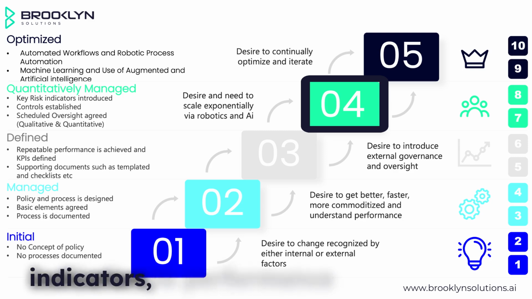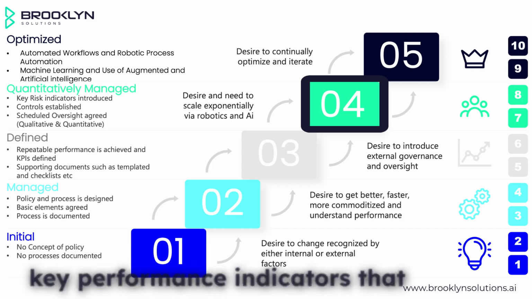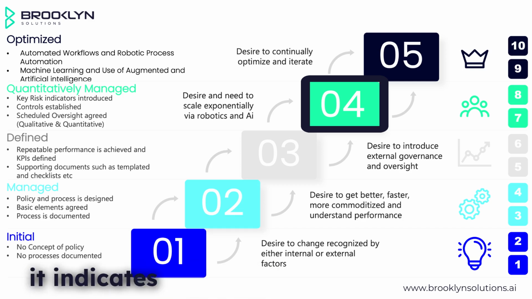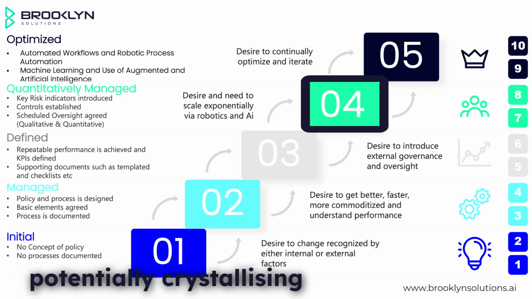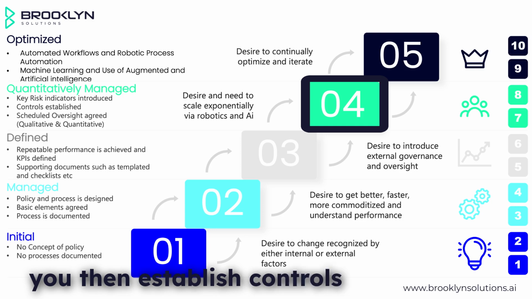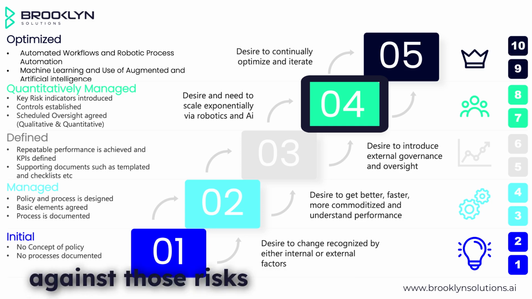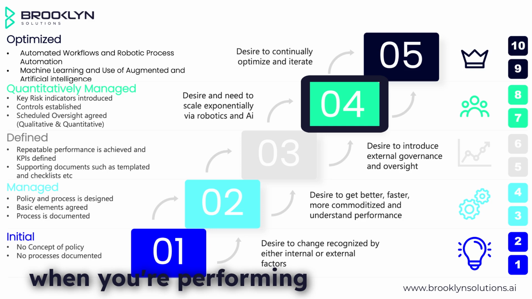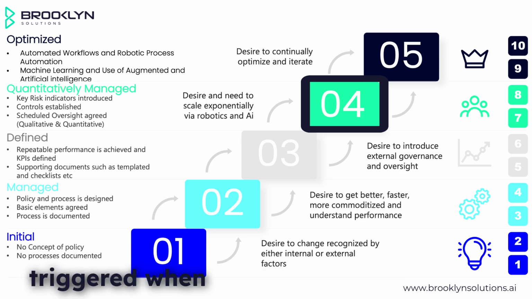Similar to performance indicators, they indicate that risks are potentially crystallizing, and you establish controls against those risks crystallizing. You manage a set of controls to ensure those things don't happen.